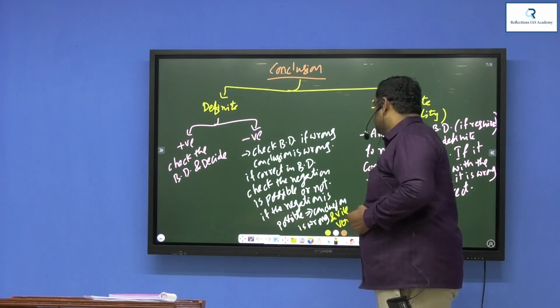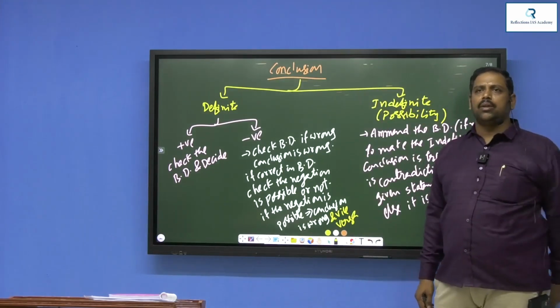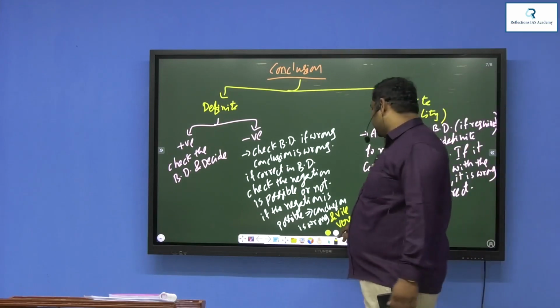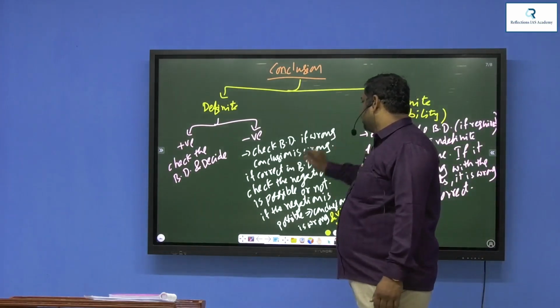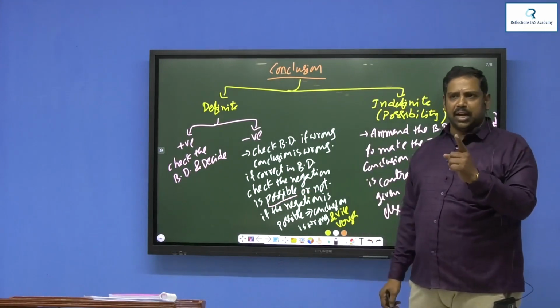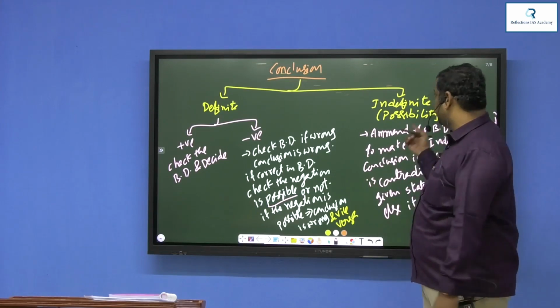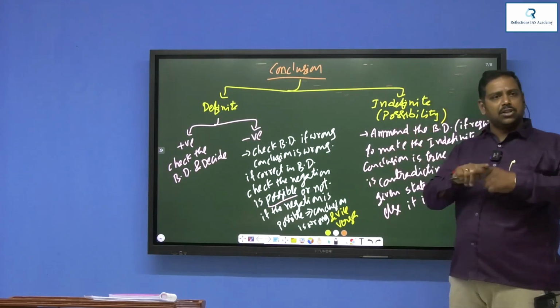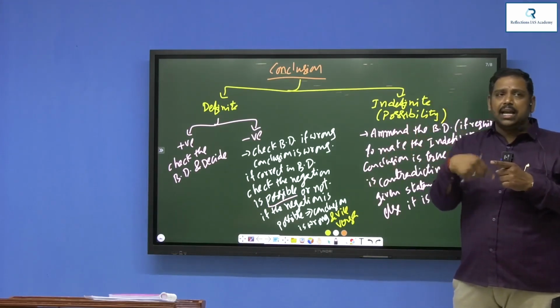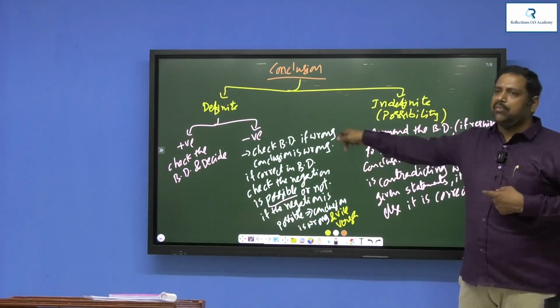Vice versa means if the negation is not possible, the conclusion is correct. Here, the most beautiful word you have to understand, underline here, is that I am not saying to take it as a definite positive or definite negative. I am saying that it is possible or not. Possible means definite or indefinite? Indefinite.